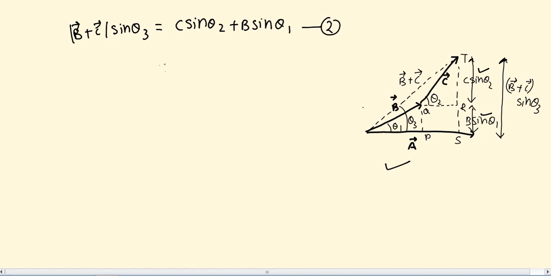Now let us multiply the quantity A magnitude n cap on both sides of equation 2, where n cap is the unit vector perpendicular to this plane.